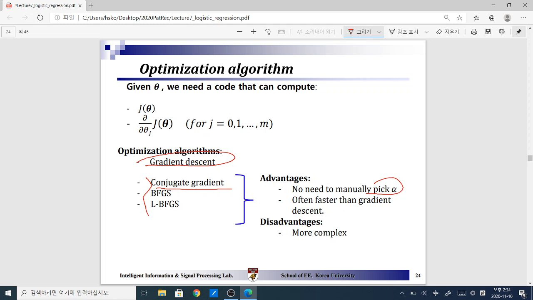It does it by itself, and it's often faster than the usual gradient descent. The disadvantage is that there are more lines making up the code, so it becomes a little more complex.